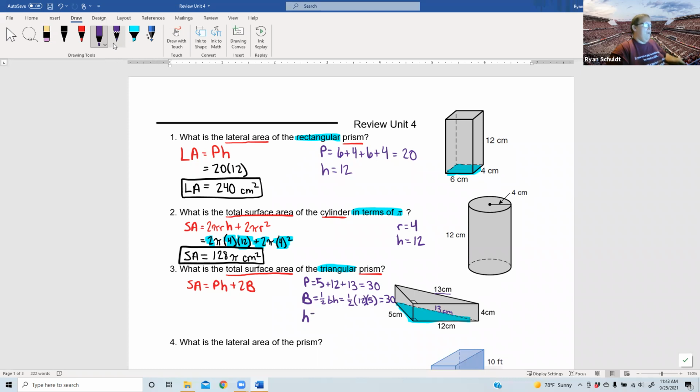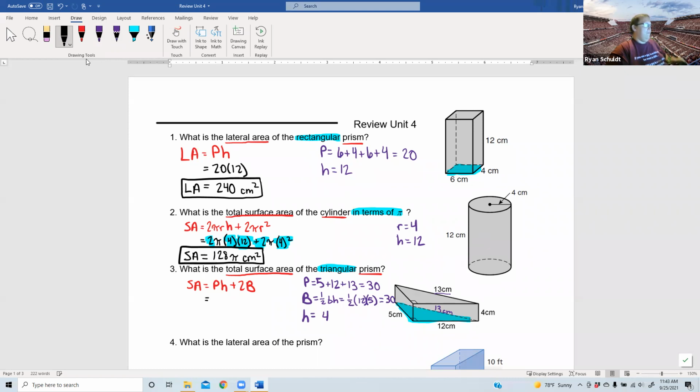And then for the height of the prism, that's going to be 4. That's the only number we hadn't used yet. So the height of the prism is 4. Let's plug in.